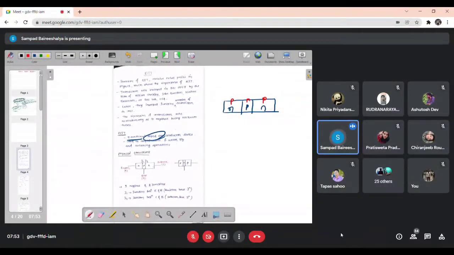It is a three-terminal doped semiconductor where one type of semiconductor is sandwiched between two of the other type. So based on that we have two types of structure, NPN or PNP. Is that clear?